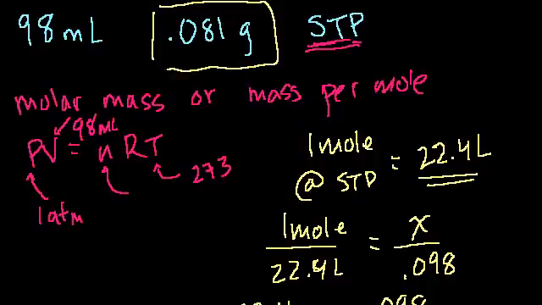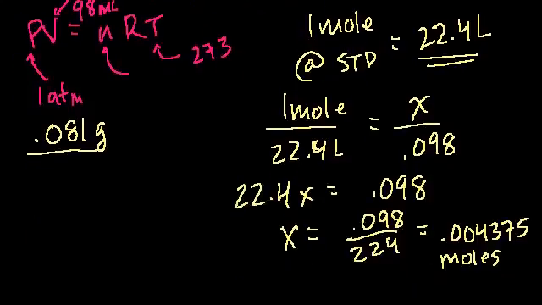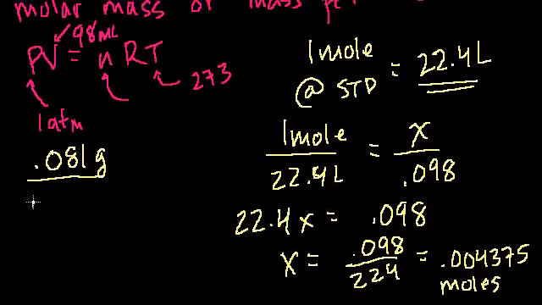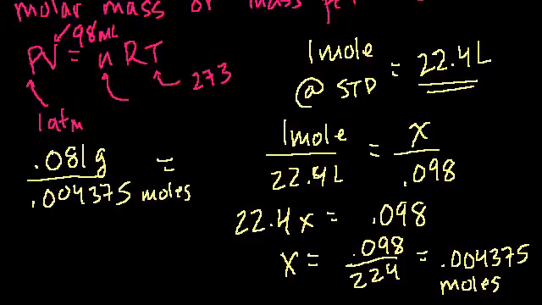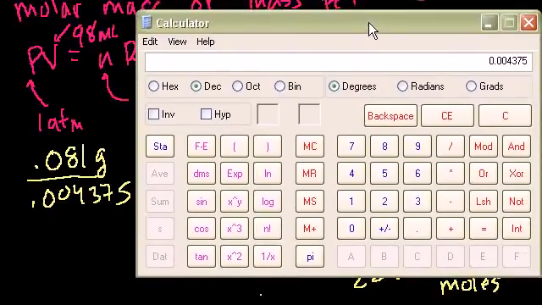So let me get the number. So how many grams are there per mole? So we take 0.081 grams, and we just did the math to figure out that we're dealing with 0.004375 moles. So how many grams do we have per mole? Well, let's take the calculator out.